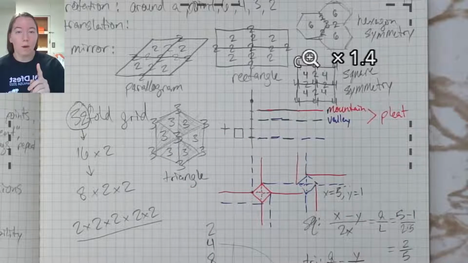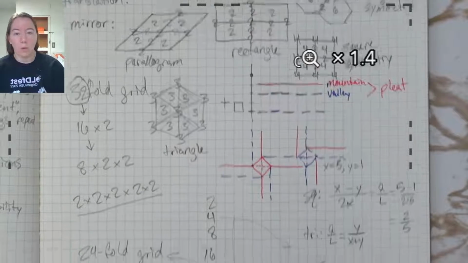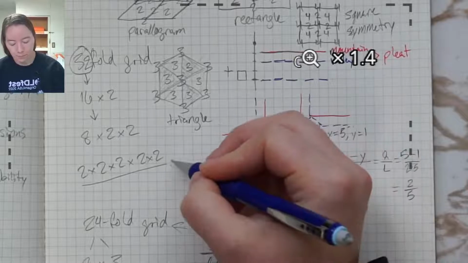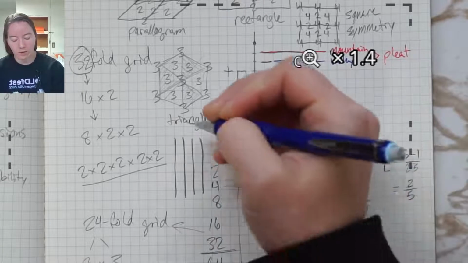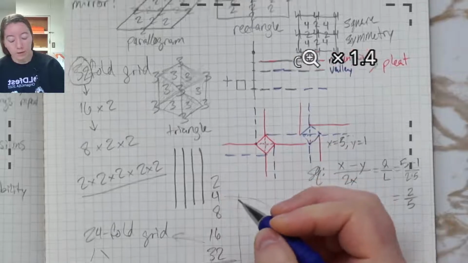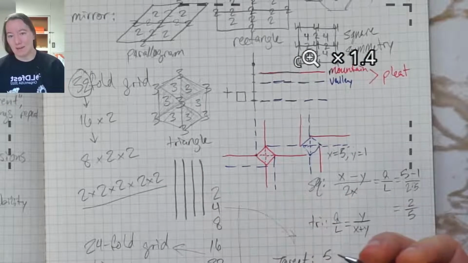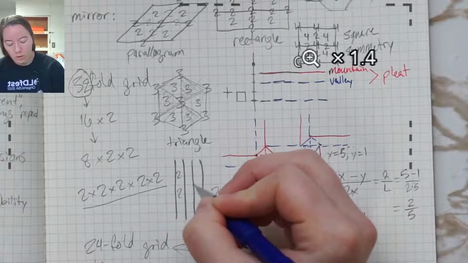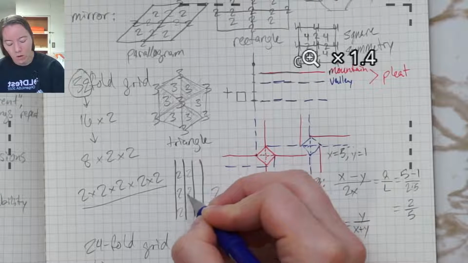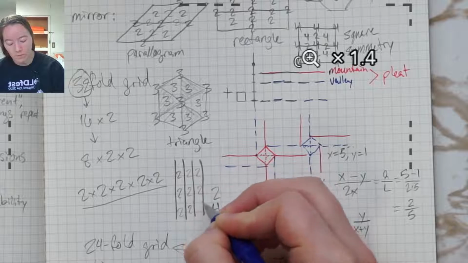And then there's one more symmetry type, which is columnar. And so I'm going to show it as these vertical lines, and they don't really end. We could have 2s along these columns.